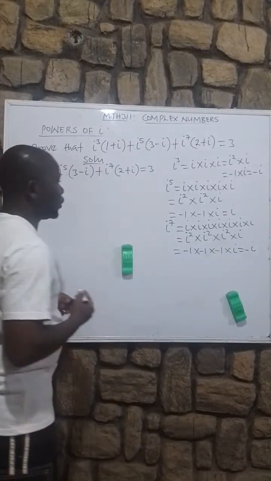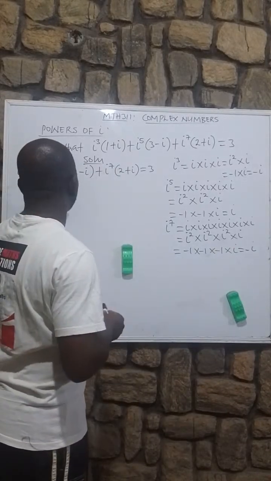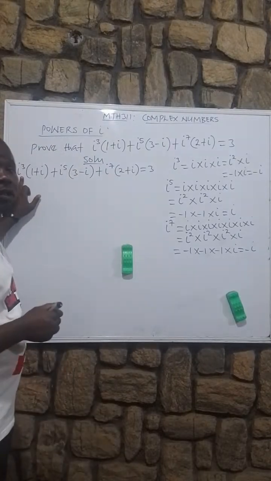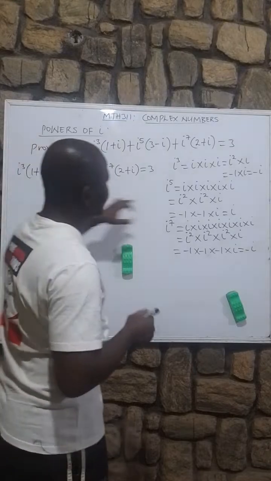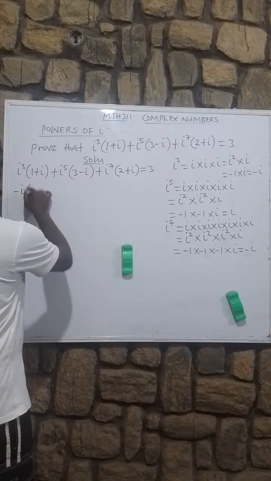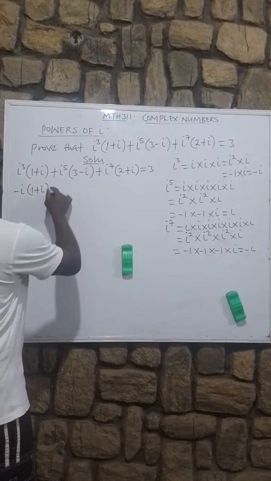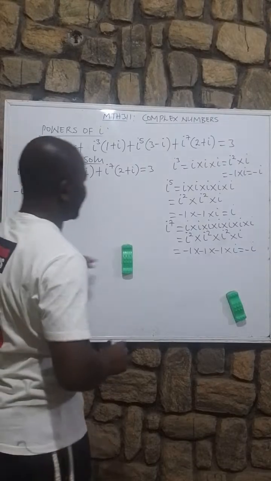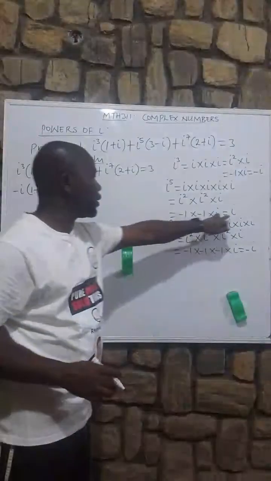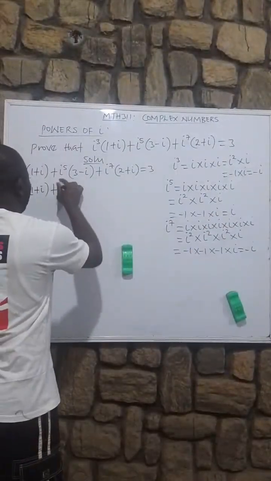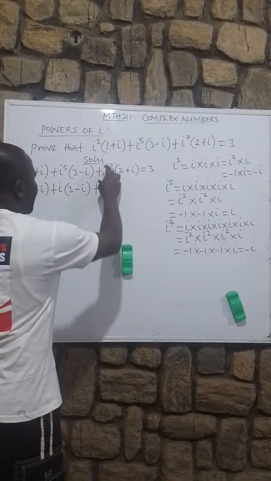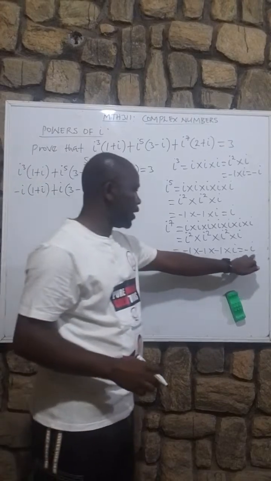So let us substitute here. i cubed is -i, right? So let's write it this way: -i(1 + i), i raised to the power 5 is i, true or false? It's true. Look at it, it's i. So let's write i(3 - i), then plus i raised to the power 7 is -i.